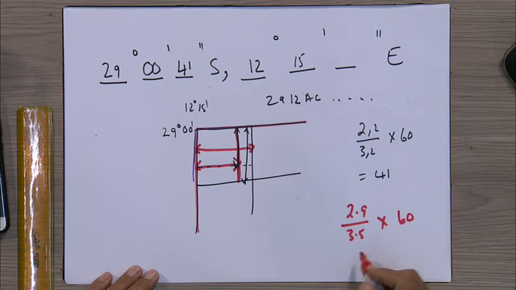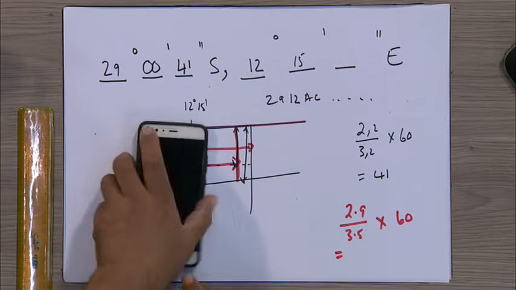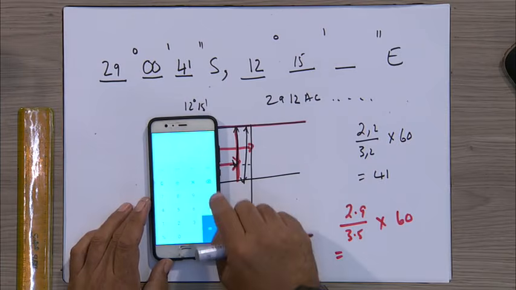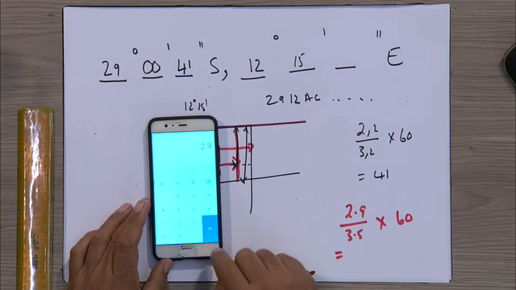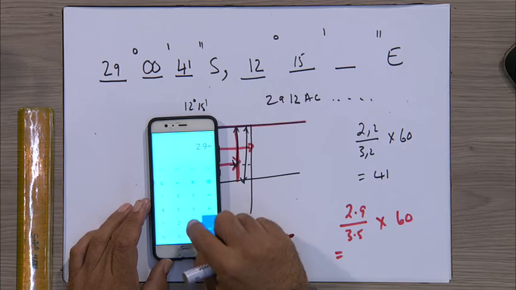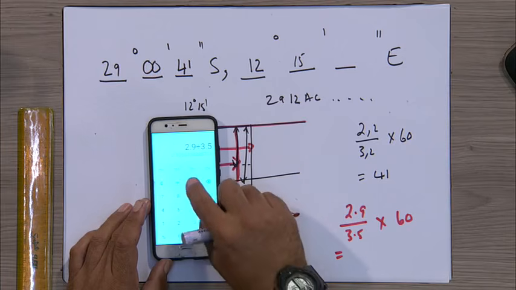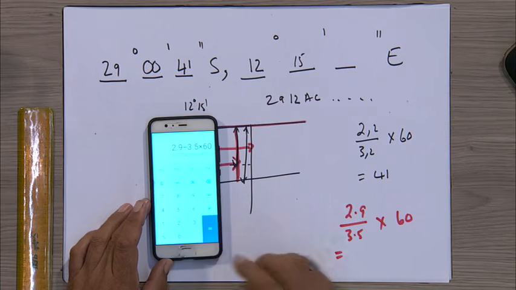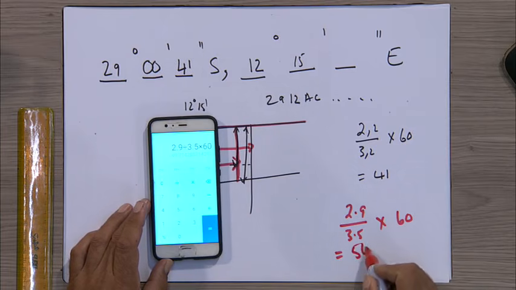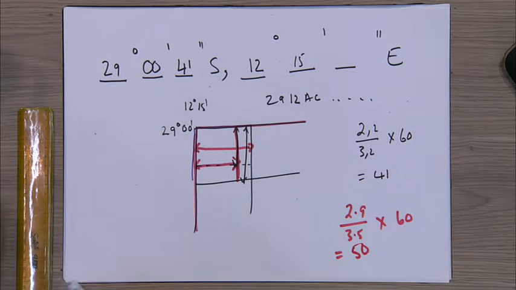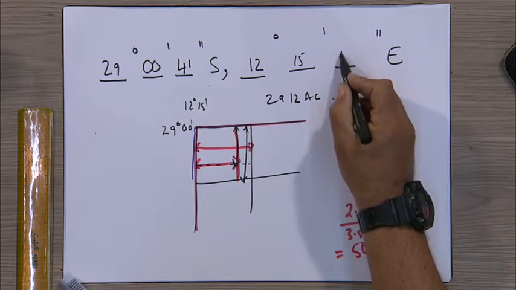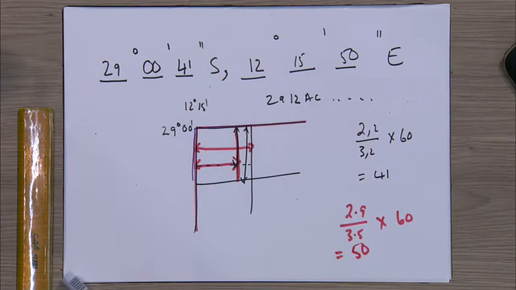I multiply it by 60 because there's 60 seconds. I get my calculator and I say 2.9 divided by 3.5 times 60. And that gives me 49.7. So I'll round it off to 50. And then this here will be 50 seconds east.